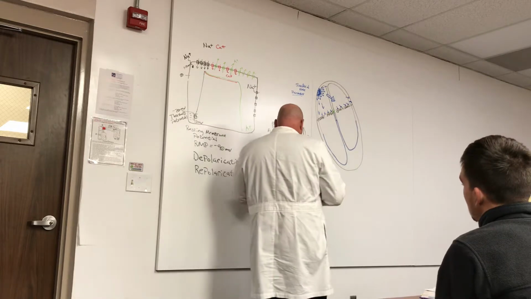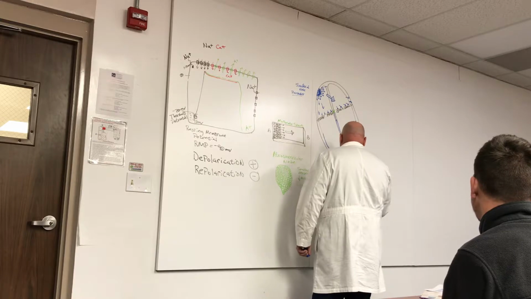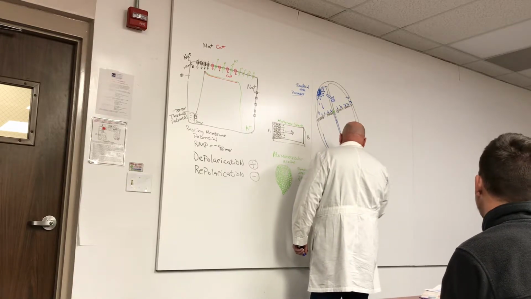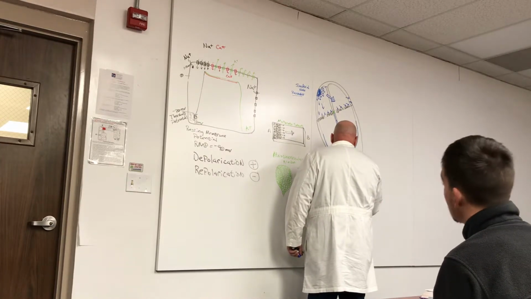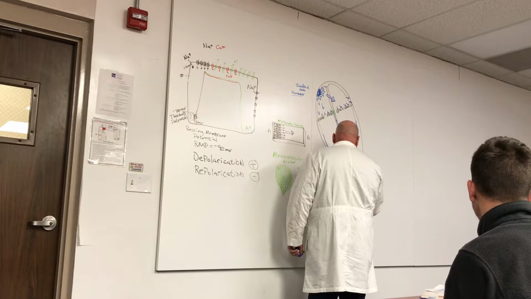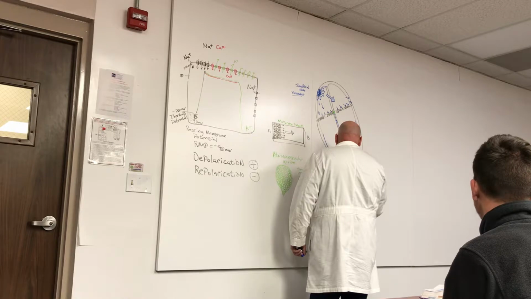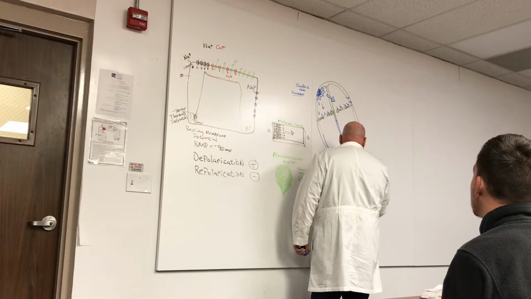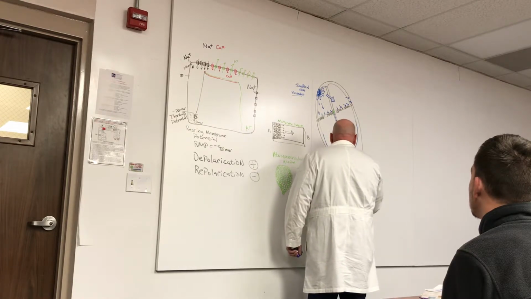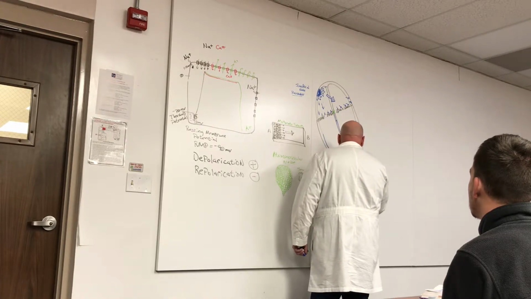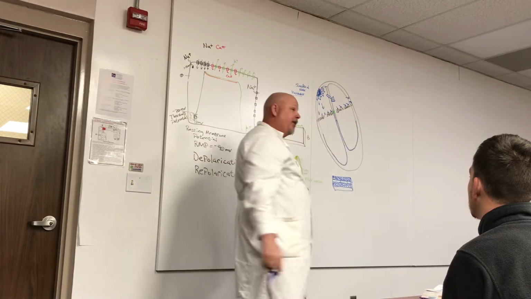Okay, the Purkinje system is a specialized group of cells that actually speed up conduction.